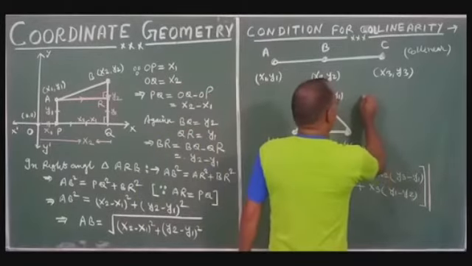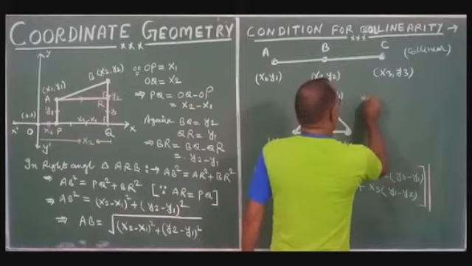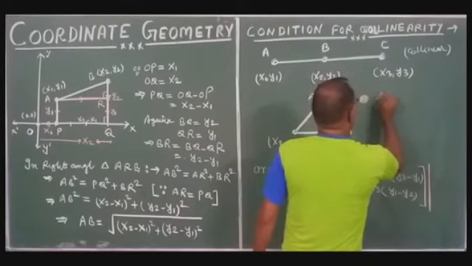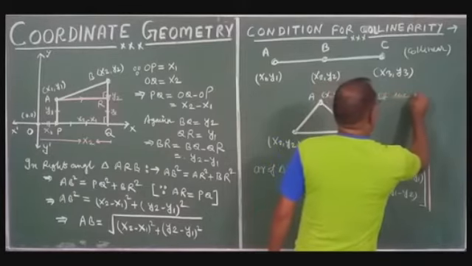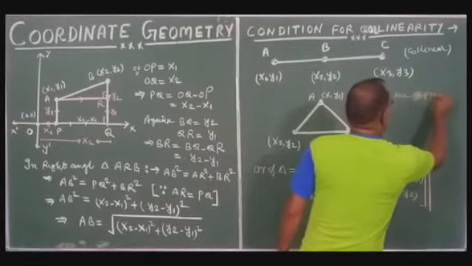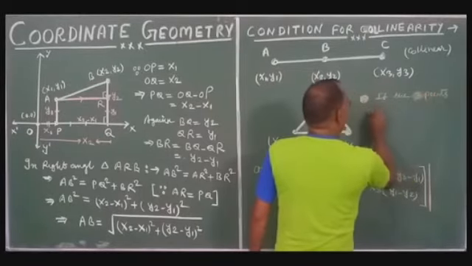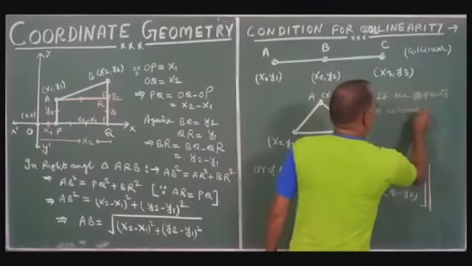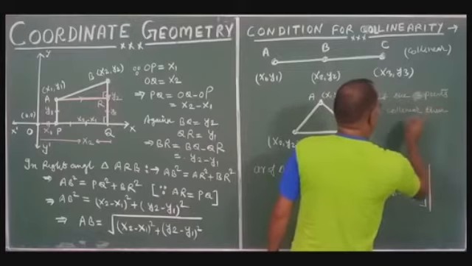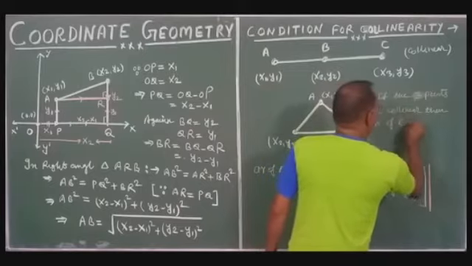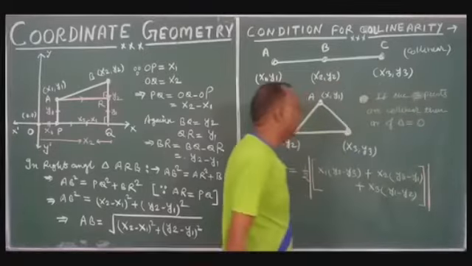It means, just note it down, if the 3 points are collinear, then the area of the triangle will be 0.